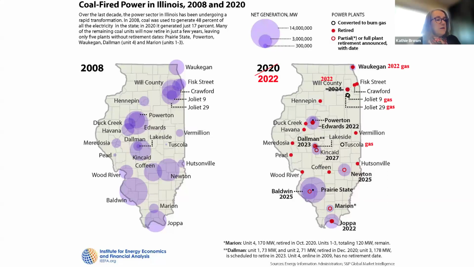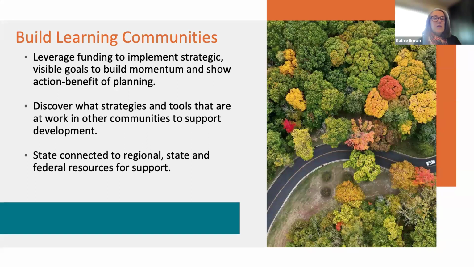My final slide, I think Chris kind of spoke to this, and a big part of our quest in planning always is to make something happen. You want to see some change. So if you can, in that planning process, either while you're embedded in it or as soon as you're finished, pick something that's going to be visible and help build momentum in the community around action and show the benefits of planning, because you're going to have huge investments of time on the part of many volunteers.